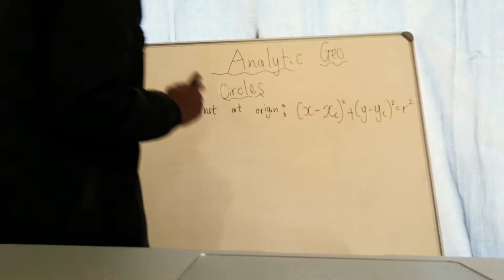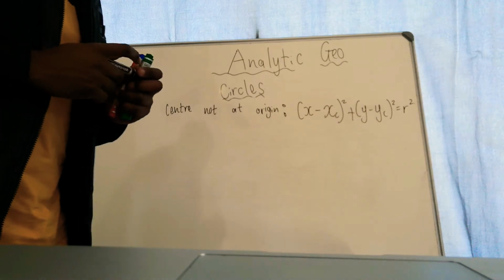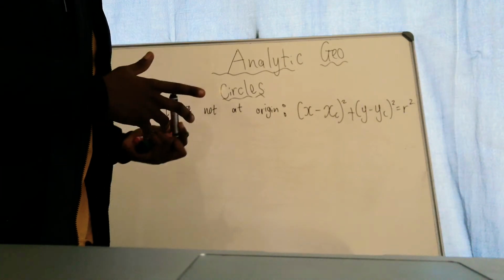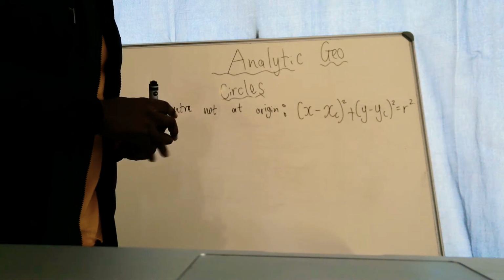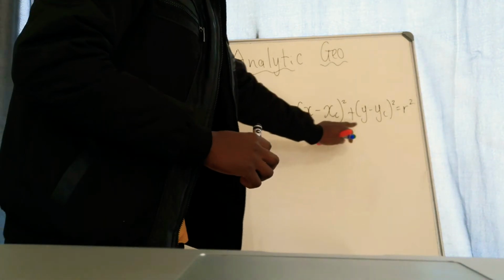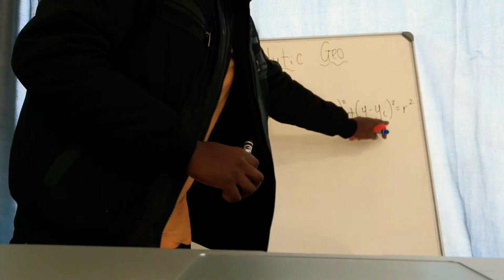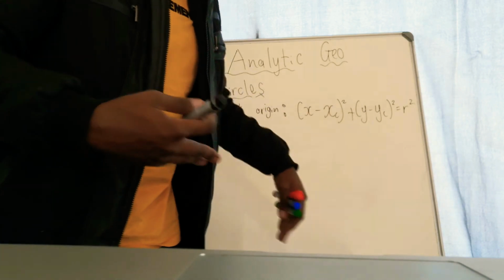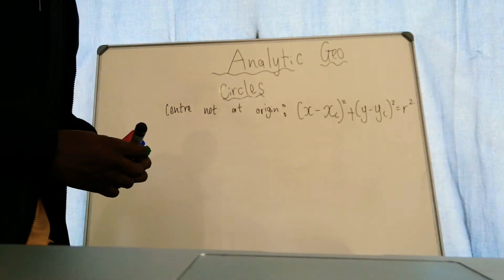So moving right along. And then you add y minus y of center squared is equal to r squared. So that's how the general formula looks. Looks similar to the first one. It's just that now there's these C coordinates that we're looking for, and C means center in this case, right?